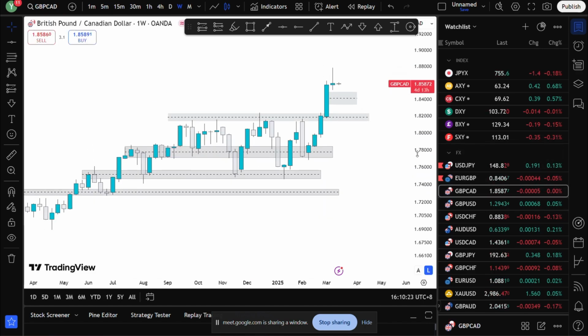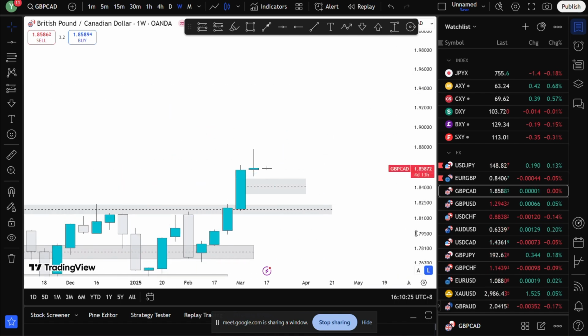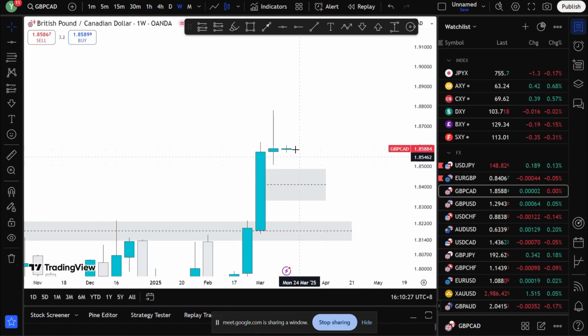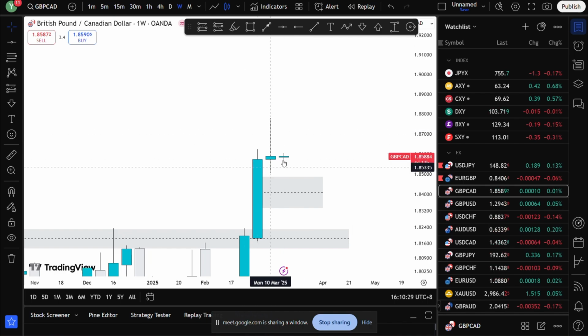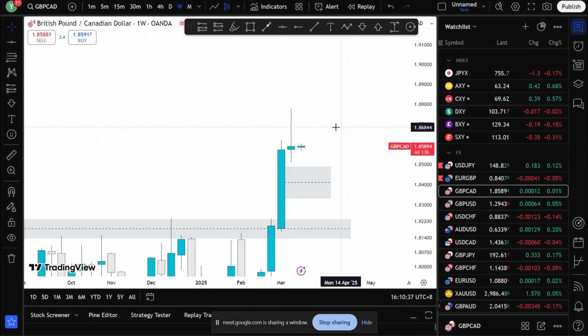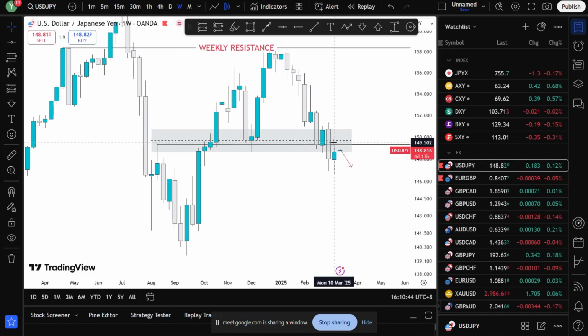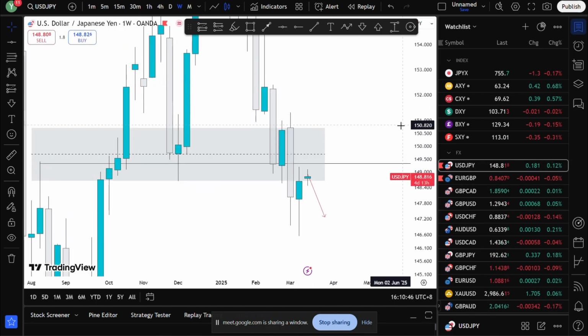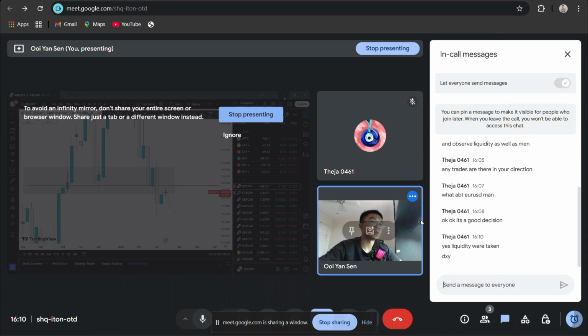For GBPCAD, in the daily time frame, you can see the uptrend energy has been weaker because it has formed this rejection candle over here. So there might be a possible scenario that the price is going to retest. For now there is no opportunity for me. Liquidity was taken at the XY.